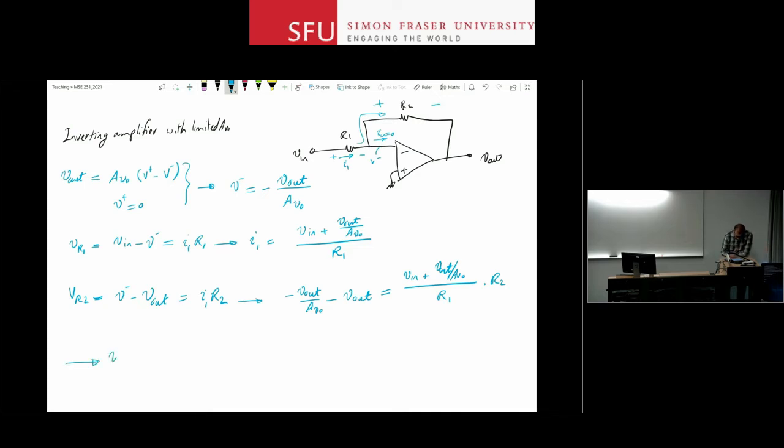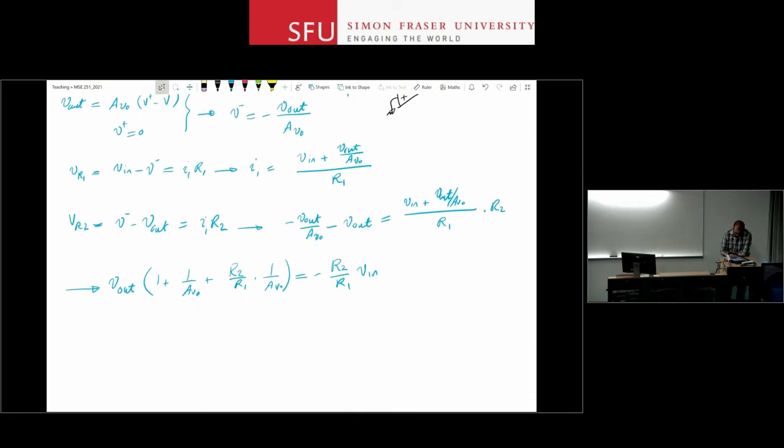I can show that V out times 1 plus 1 over A V naught plus R2 over R1 times 1 over A V naught equals minus R2 over R1 times V in. And then if I want to write the expression for the gain, V out over V in is going to be given by this expression.